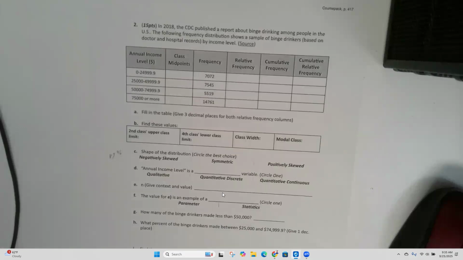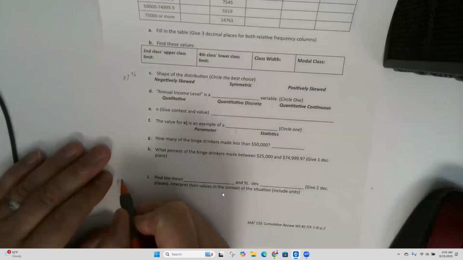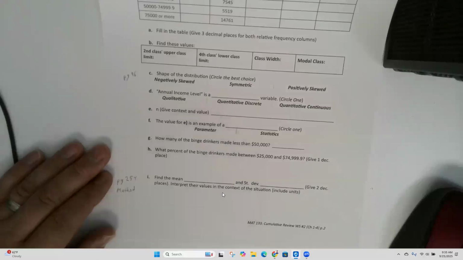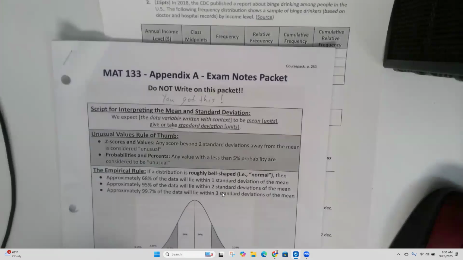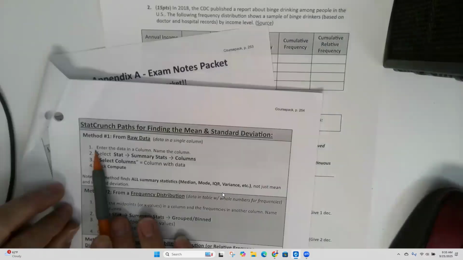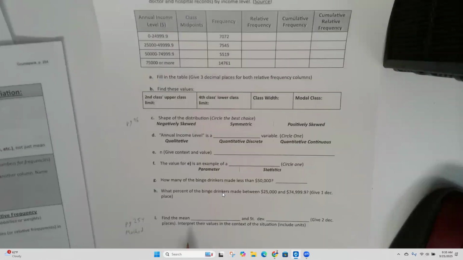Down here, find the mean and the standard deviation. On page 254 in our yellow exam notes packet, do you think we should be using method 1, method 2, or method 3 on this one to find the mean and the standard deviation?